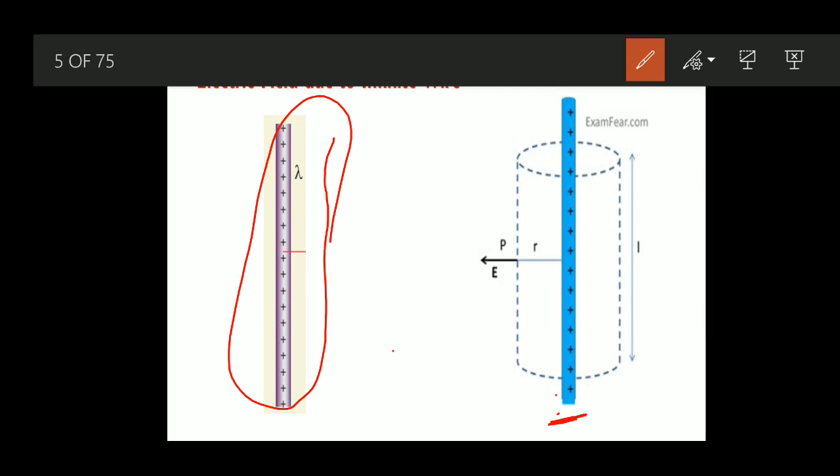First I must choose the point where I want to find the electric field. In this diagram I have chosen a point here. This is the point where I want to find the expression for the electric field. You can choose a point here, somebody else may choose a point here, a third person may choose a point here. Any place you choose a point, we have to find the expression for the electric field.